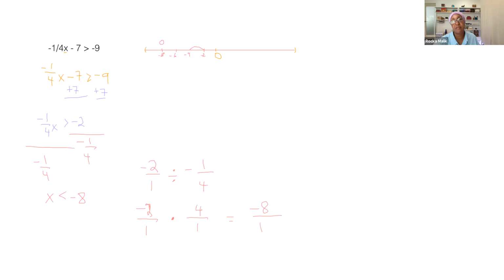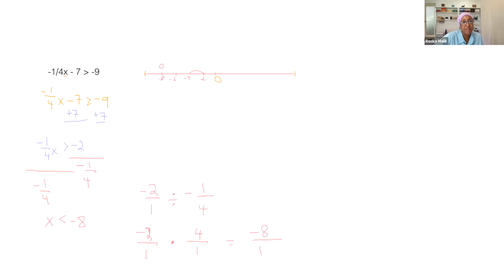Color it in or leave it open? Did I lose you? No. Open. I remember it like if I have an extra line here, then I have to do extra lines of coloring.